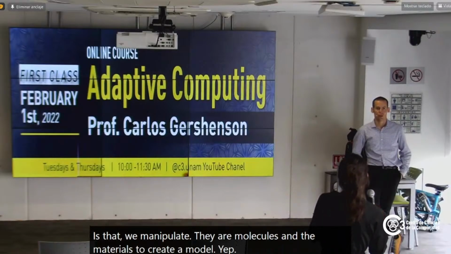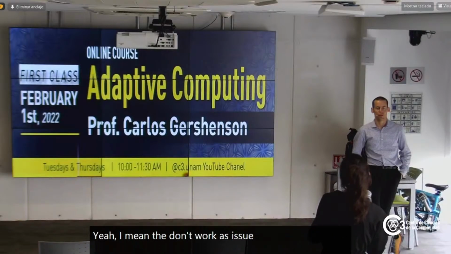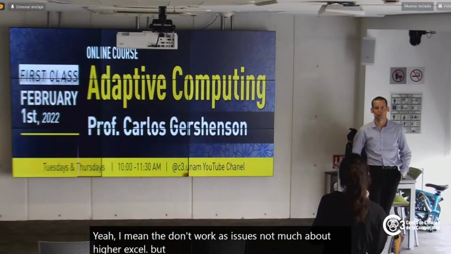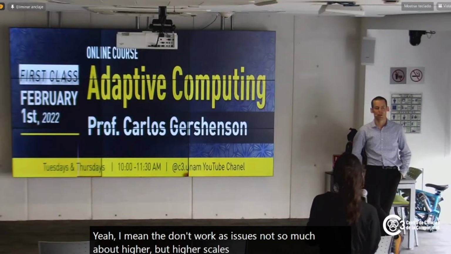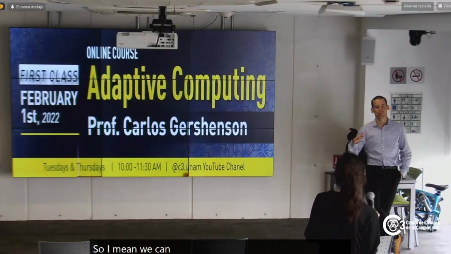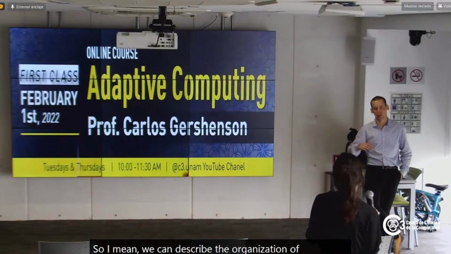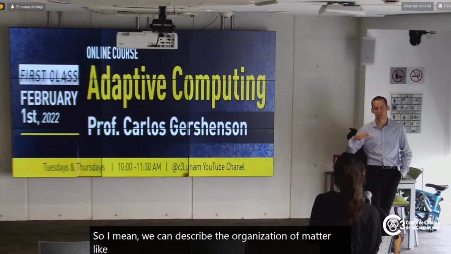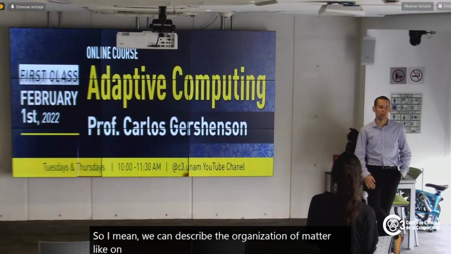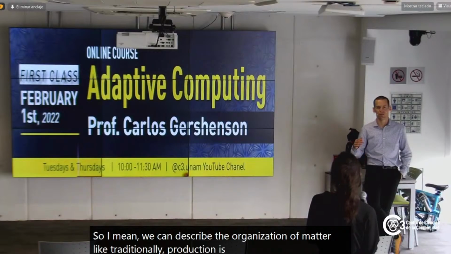Yeah, I mean, the downward causation is not so much about higher complexity, but higher scales of organization. So, we can describe the organization of matter like atoms, molecules, cells, individuals, and so on. Traditionally, reductionist science assumes that causality just goes one way.